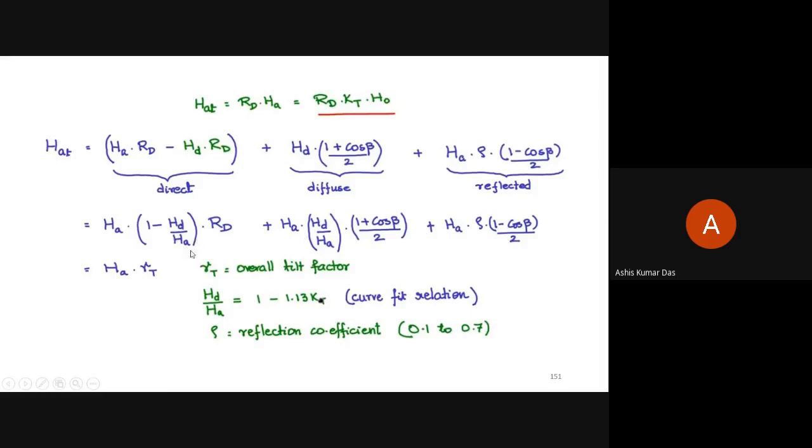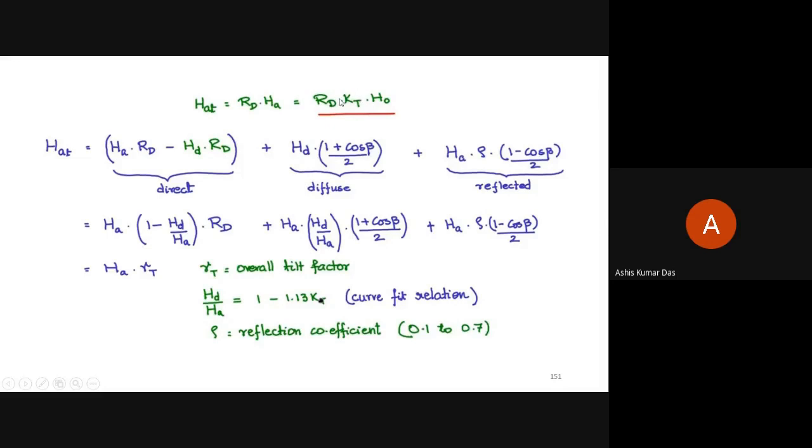So the energy with atmospheric condition that we need, that is your HAT, can be defined by this KT. That means RD KT into H naught.